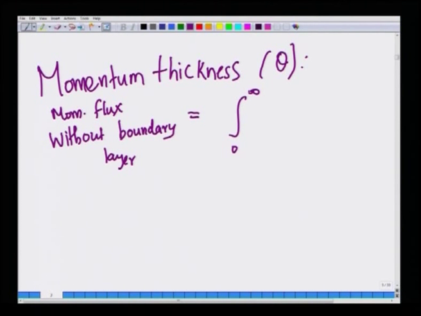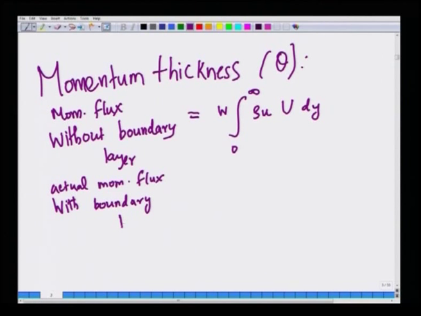Momentum flux is simply mass flux times velocity, the mass flux being rho U, times capital U dy times W. With the boundary layer, the actual momentum flux is W integral 0 to infinity rho u squared dy.